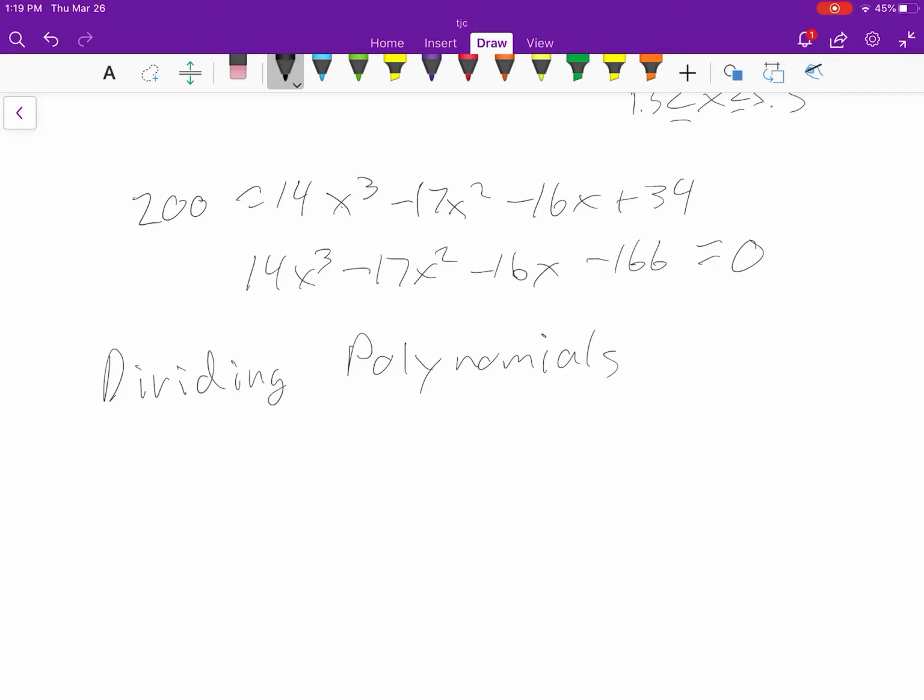So first, let's go over some basic stuff when it comes to functions. If we're taking a function, a polynomial, and we're dividing it by some other polynomial, we'll call this g of x, and we'll have our quotient, and then we'll have our remainder.